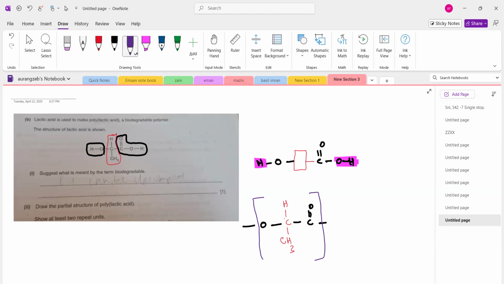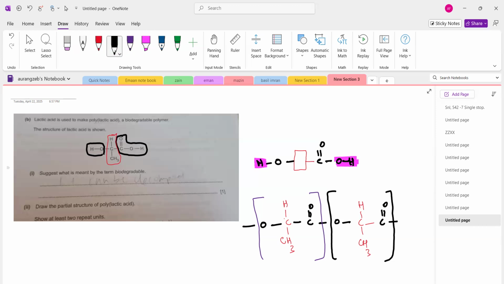And now I will draw the repeating units again, similar to that. So what will it be then? It will be like this. There will be O, oxygen, from the left side I'm drawing. Then it will be CH and CH3. Okay, then it will be C double bond O and then closed.